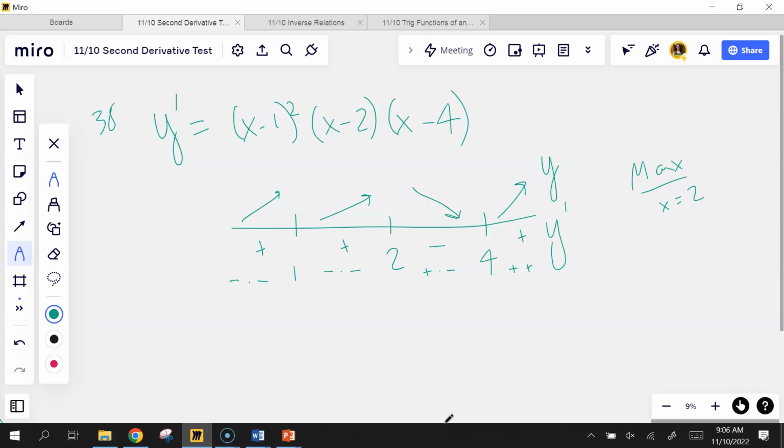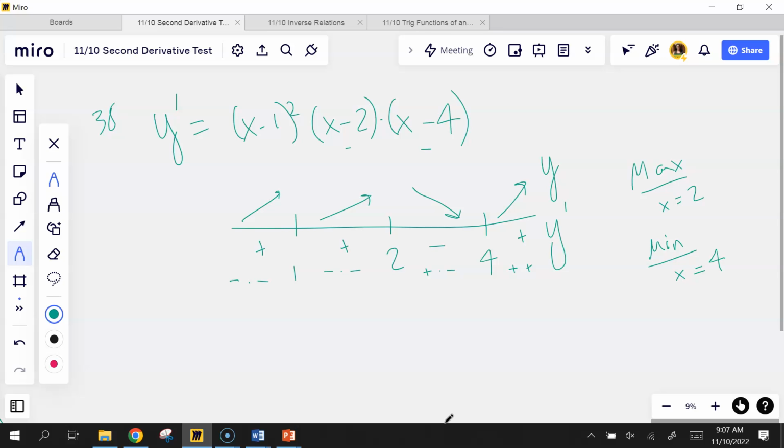And so what I'm doing is, since they multiply together, all I'm worried about is the sign, not the actual value. So if I plug in 1.5 here, I get a negative. If I plug in 1.5 here, I get a negative, and two negatives multiply to give me a positive. All right, so I got a max at 2. I got a min at 4. Old hat, right?